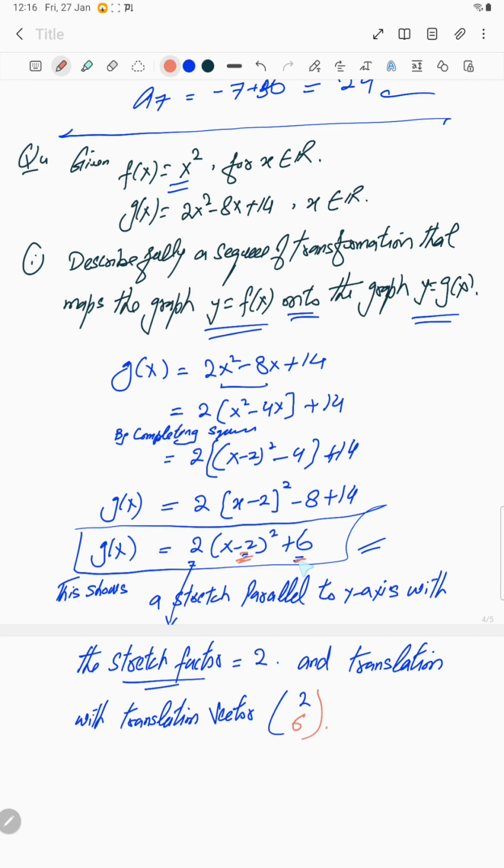From here we get this, and here it was the stretch factor. This shows a stretch factor, so I wrote the stretch factor here, right.